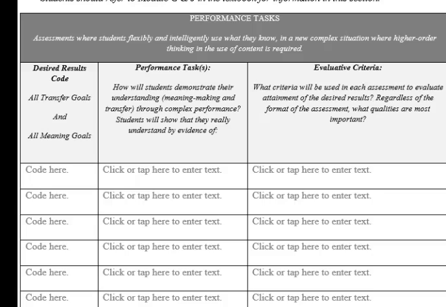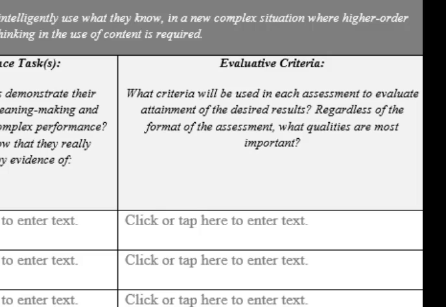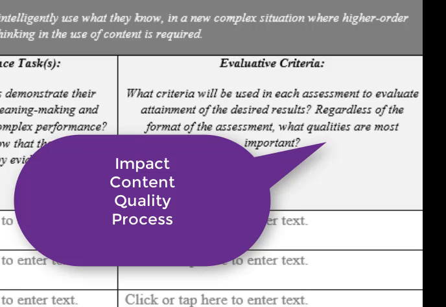Also, with performance tasks, you want to think about what we refer to as the evaluative criteria. When you are assessing the performance, what types of criteria do students need to meet? What do they need to attain? Some examples of criteria could be impact: what is the effectiveness of the performance?